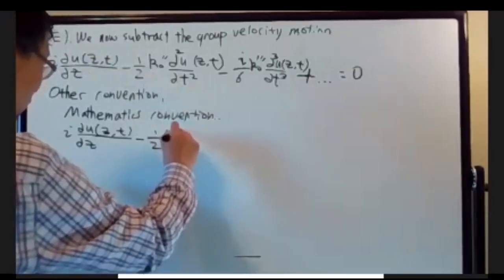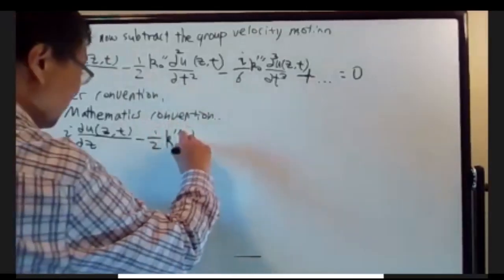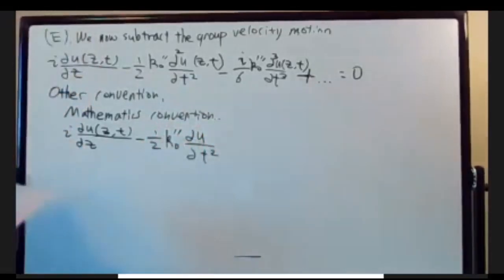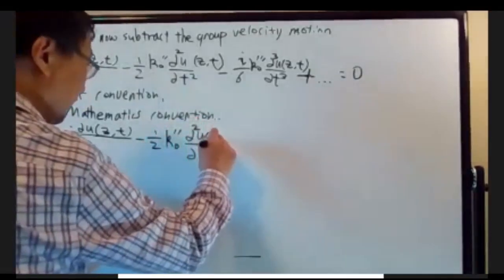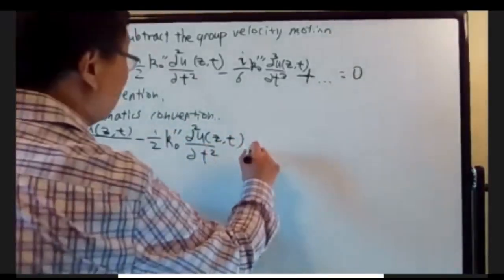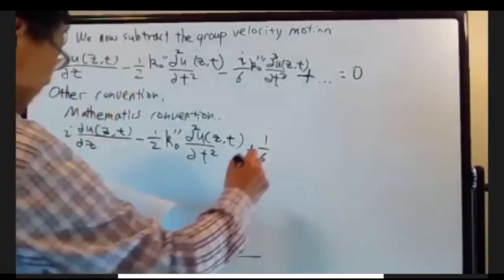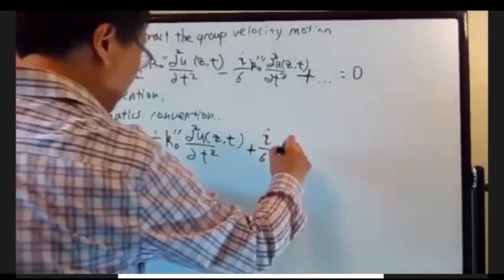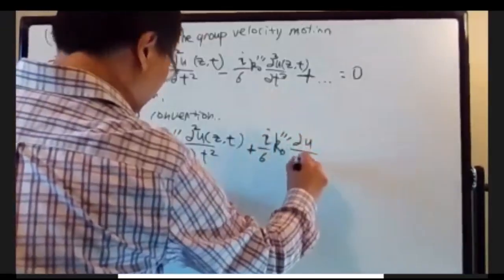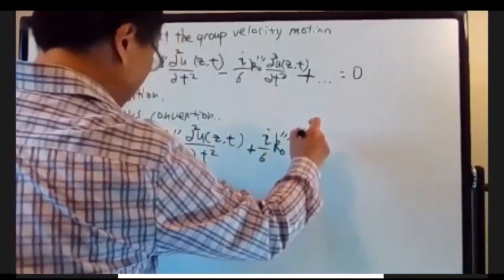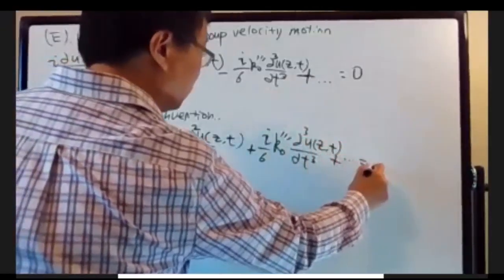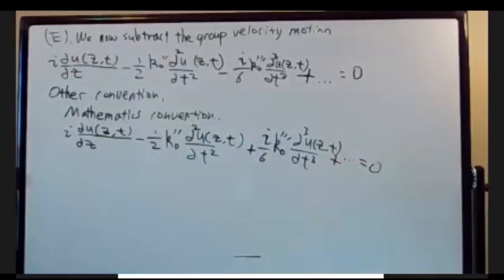So k naught double prime. This is not meant to trick you. So partial t squared of z,t, right? And then plus 1/6 I k naught triple prime partial cubed u partial t cubed of z,t plus all the way down to 0.